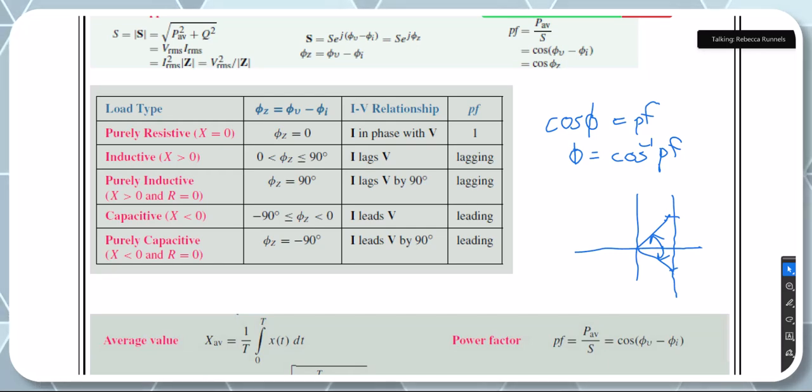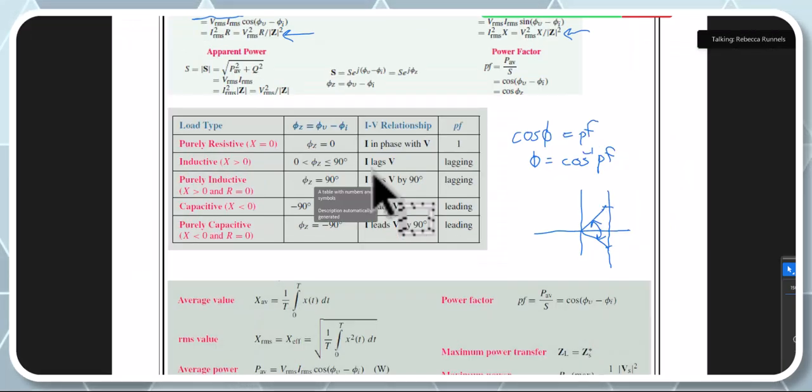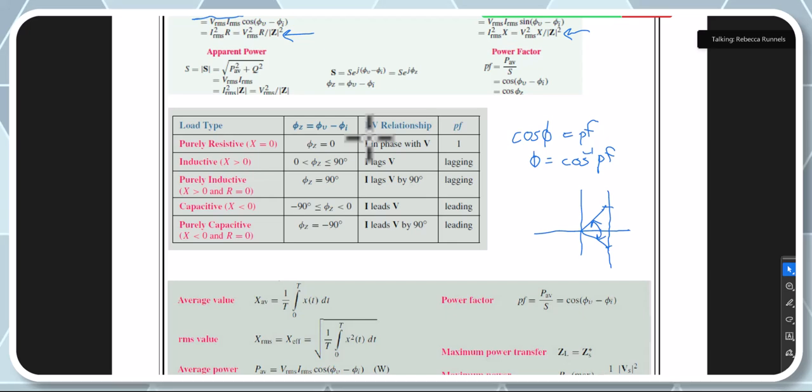And then this chart tells you a little bit more about what these things are. If it's purely resistive, then that means your power factor is 1. It means that I is in phase with V, and it means the angle of your impedance is 0. So that means all the imaginary parts have canceled each other out. That's purely resistive.